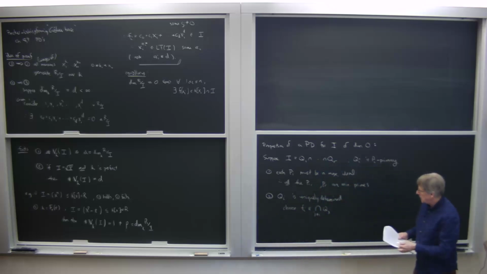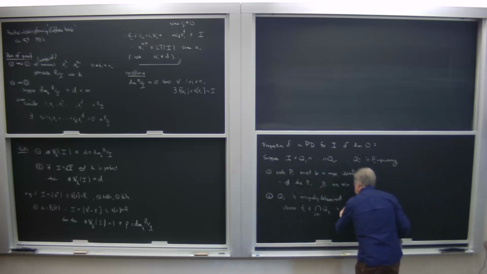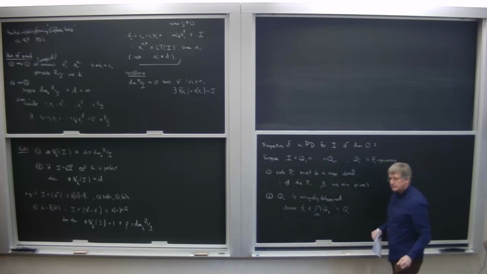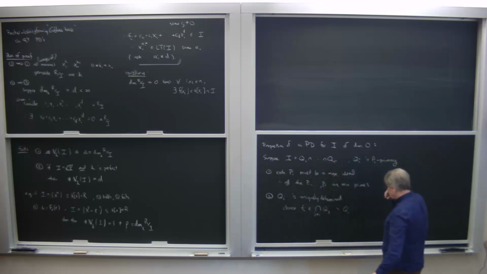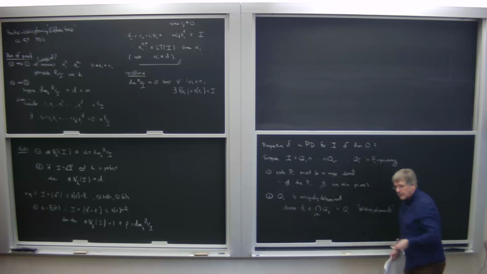But I don't want it to be in Qi. Now, can I do that? Well, yes, because if Qi intersect this was equal to it, then it would not be an irredundant primary decomposition. So we can always choose this. These are called splitting polynomials, but we'll never really use that term except sort of in our minds.